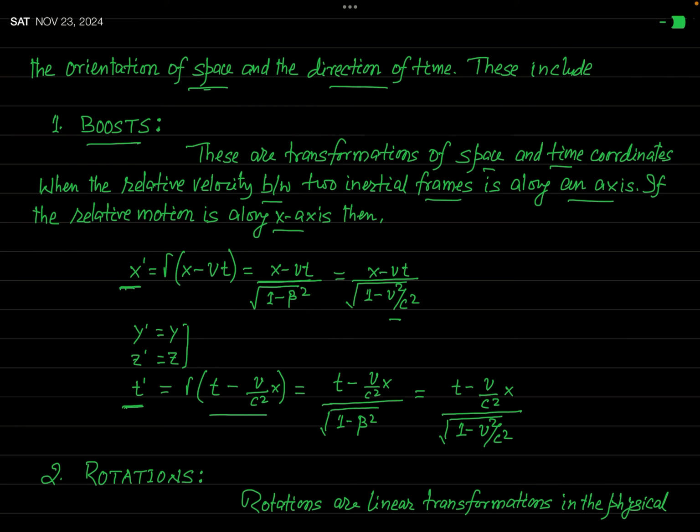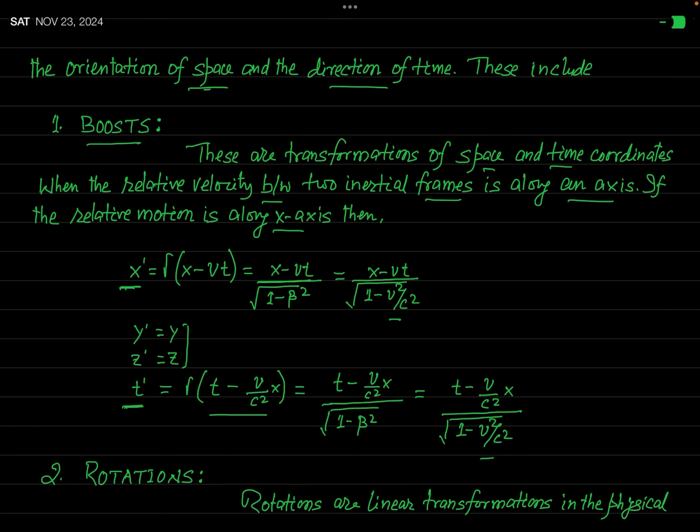Again, instead of gamma, you can write 1 over the square root of 1 minus beta square, or 1 minus v square by c square. So t dash is given as (t minus v x over c square) over the square root of 1 minus v square by c square.